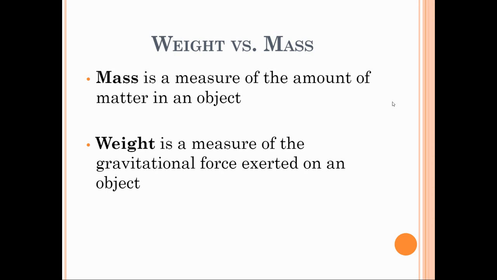My weight may be one thing on Earth and different on the moon and different on Mars, because the amount of gravity acting on me is going to be different in those three places. So that changes my weight, but my mass stays the same. So if I'm 200 pounds on Earth, I may be 130 pounds on the moon. I didn't lose mass. The amount of gravity working on my body changed, which changed my weight.